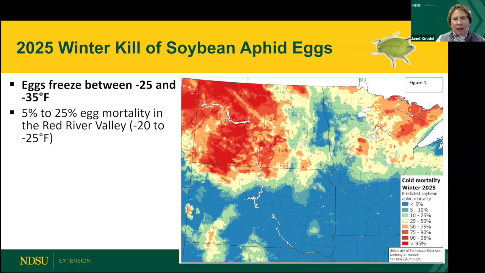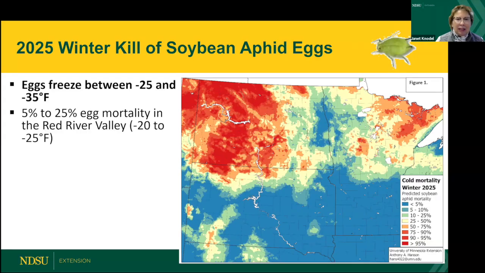We can do a winter mortality forecast on the survival of soybean aphid eggs, and with Anthony Hansen at the University of Minnesota, we did one for Minnesota and North Dakota. The eggs will freeze when we have temperatures at minus 25 to minus 35 degrees Fahrenheit.